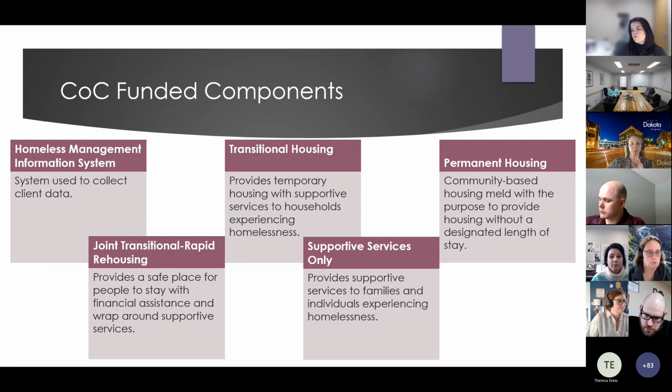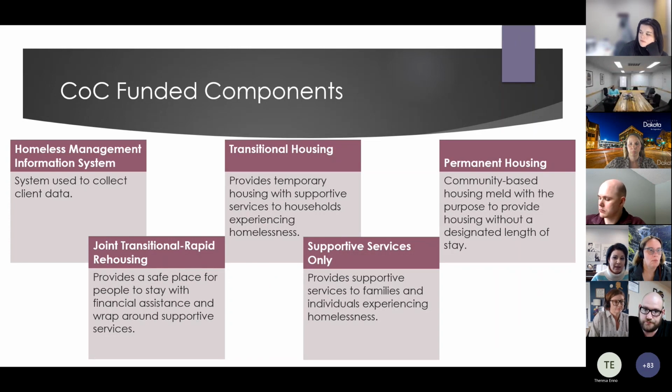So there are 2 types of permanent housing. Permanent supportive housing includes supportive services to assist households where at least one member of the household has a disability to help them achieve housing stability. In most cases, permanent supportive housing must be for households that are chronically homeless.